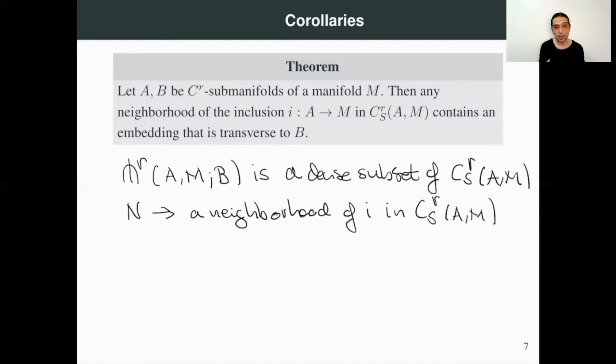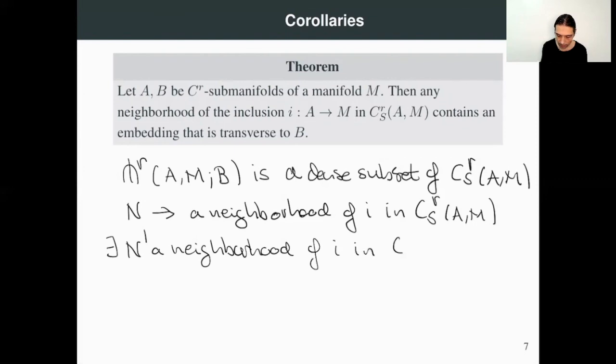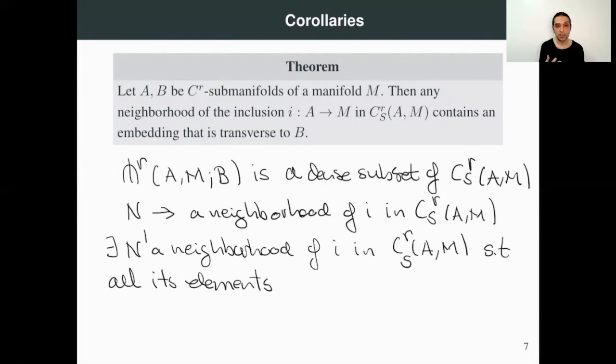Since I is an embedding, there exists M prime, a neighborhood of I in the space of CR maps, again with the strong topology, such that all its elements are embeddings. This is because the property of being an embedding is an open property.